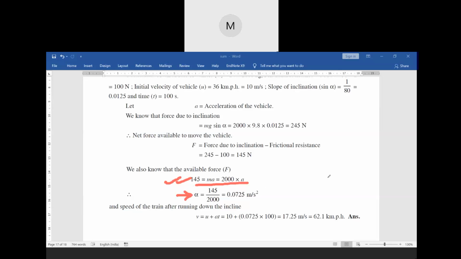You know the acceleration, so you have to use only this relation, v equals u plus at. U is the given initial velocity, and we will get the final velocity after 100 seconds. That's it. Simple. Can you do the numerical?